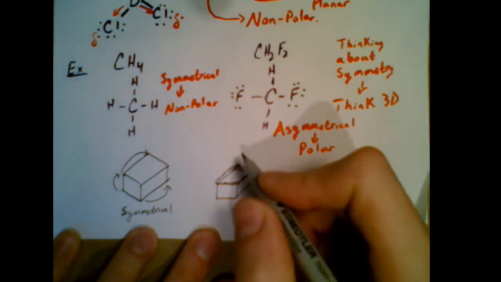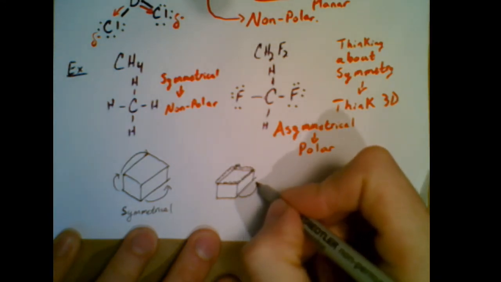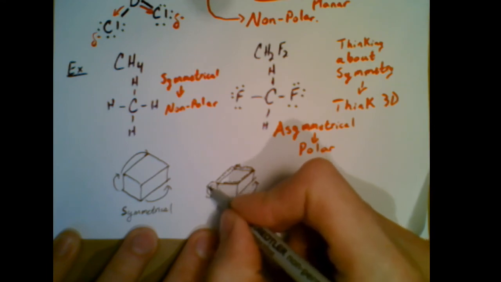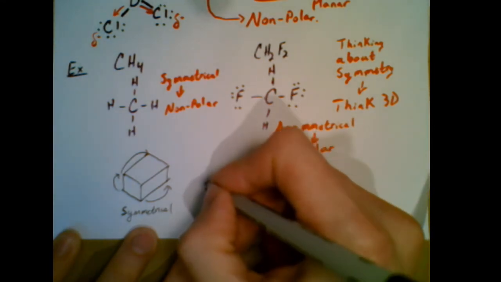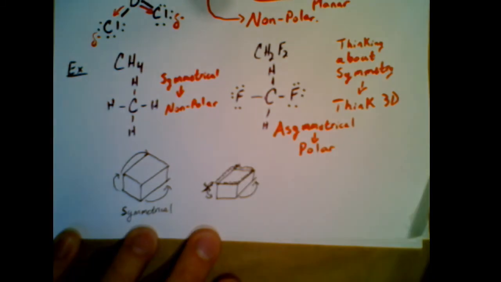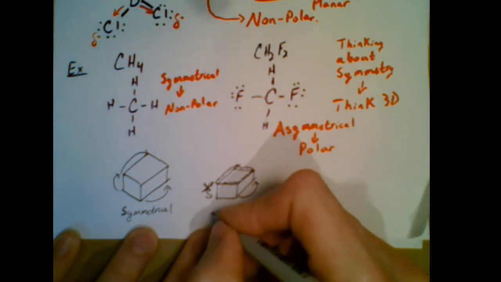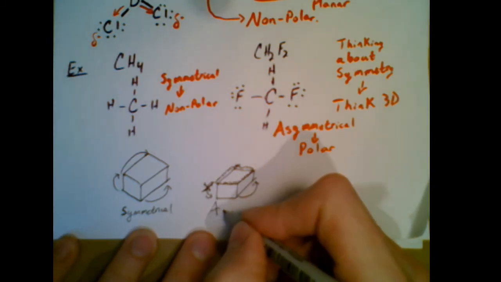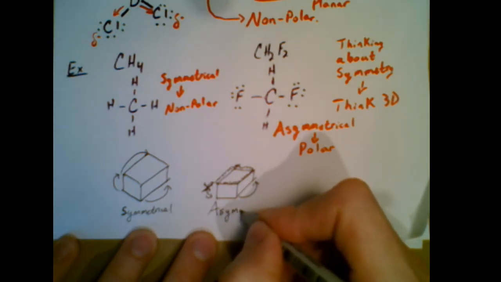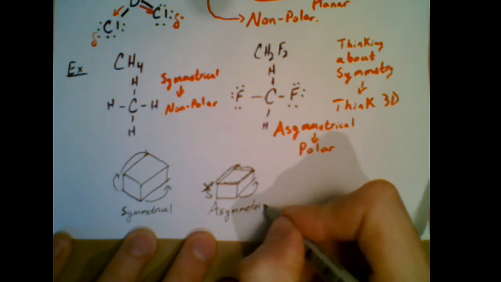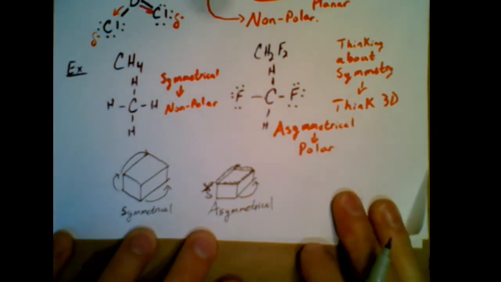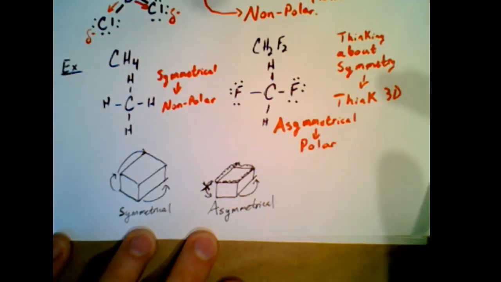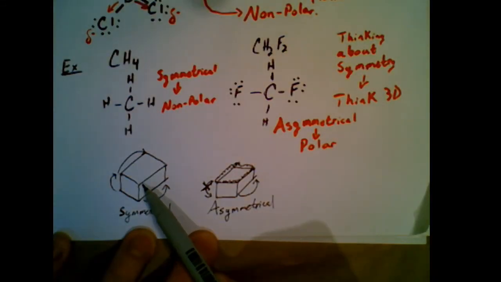You could still rotate it this way, but you can no longer flip this mattress. You cannot flip a pillow top mattress top to bottom, which makes it less symmetrical than a standard mattress. So we would call this asymmetrical.